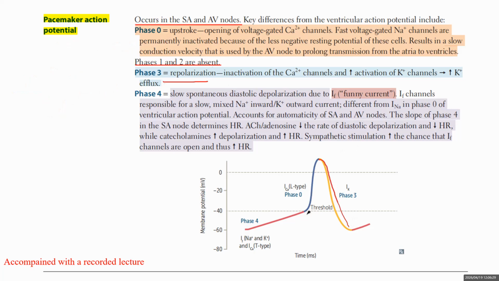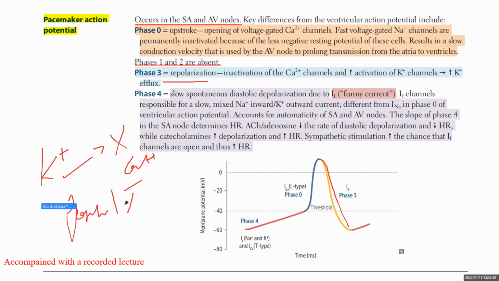The potassium channel gets open, potassium leaves the cell, and there is no influx of calcium. The positive charge is leaving the cell, and because of the absence of the positive charge, the membrane starts getting negative once again, and that is due to the potassium efflux.